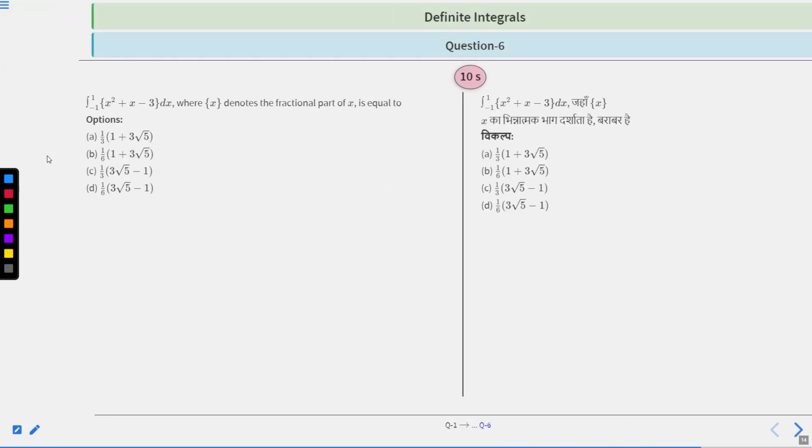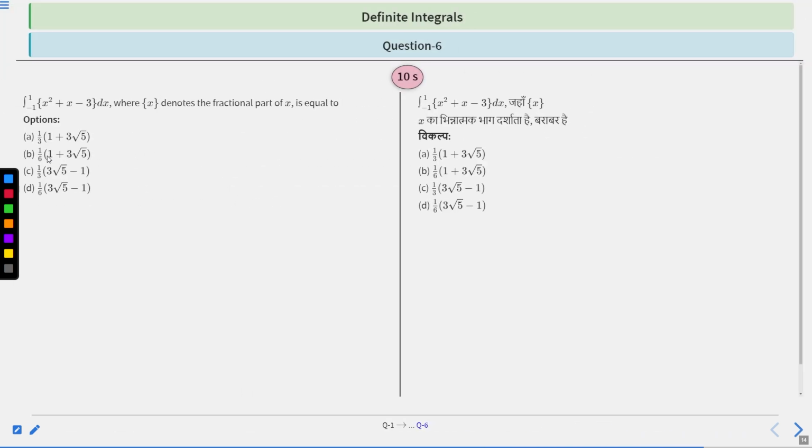Question number 6, which says that we have to find integration from minus 1 to 1 of x squared plus x minus 3 dx, where the curly bracket x denotes the fractional part of x. The hint of this question is again, x can be written as integral part of x plus fractional part of x.